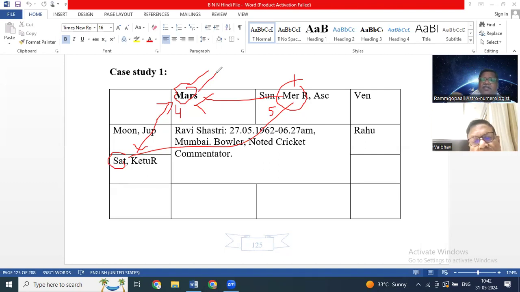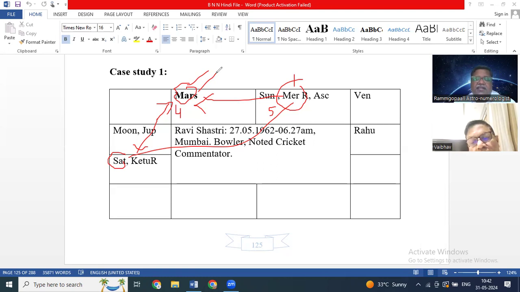Generally, we throw the ball by rotating our hand back. So this is retro motion. That's why he is a good bowler. He is the best bowler, known for his bowling. He is not a good batsman, he is a good bowler.